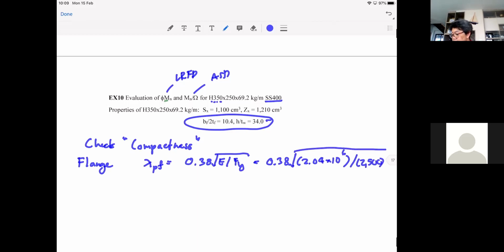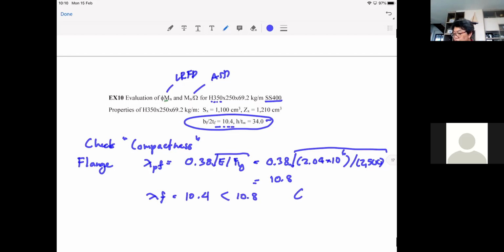Okay, this is equal to 10.8. Okay, so that means you have lambda flange equal to 10.4, which is less than 10.8.